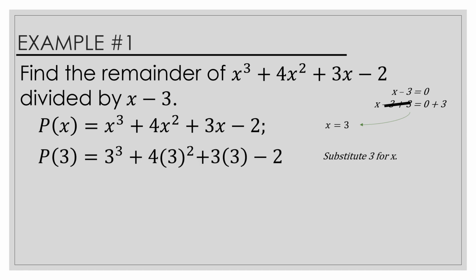That would give us p of 3 equals 3 cubed plus 4 times 3 squared plus 3 times 3 minus 2. Now, simplify to get the remainder. P of 3 will be equal to 27 plus 4 times 3 squared. 3 squared is equal to 9, plus 3 times 3, which is equal to 9, minus 2.